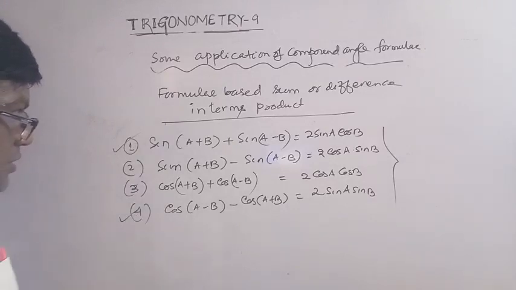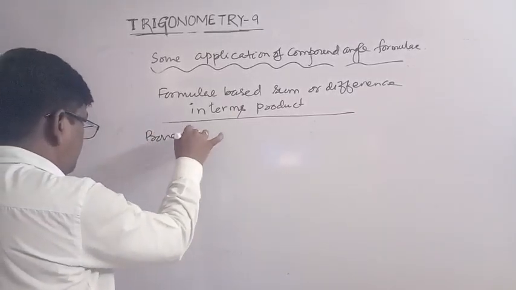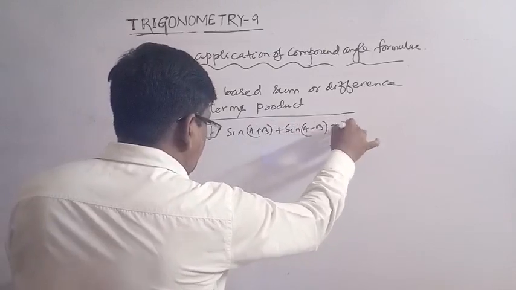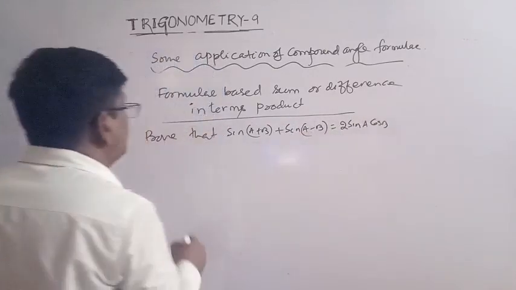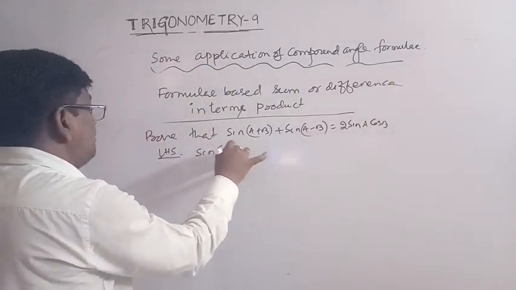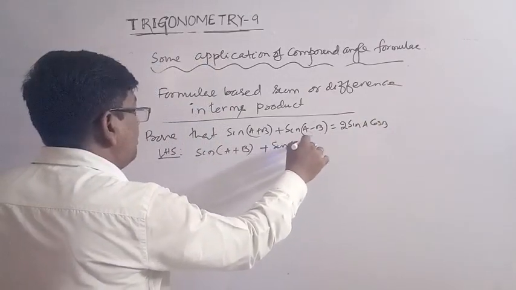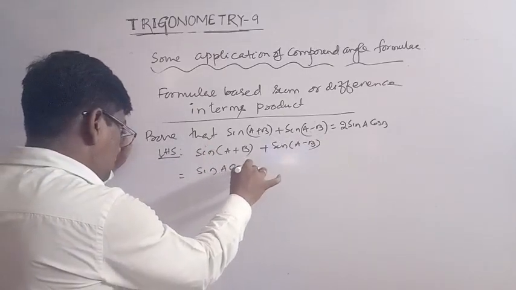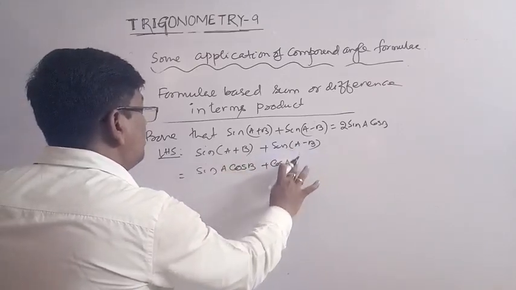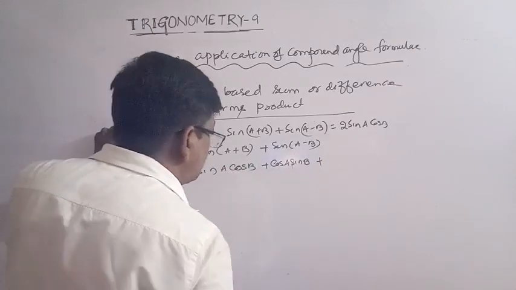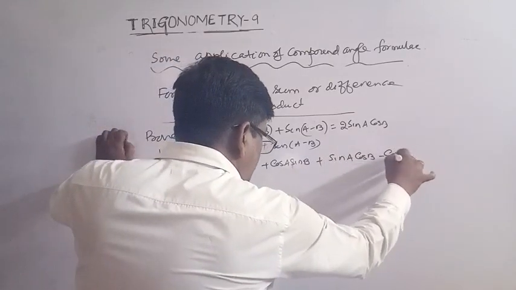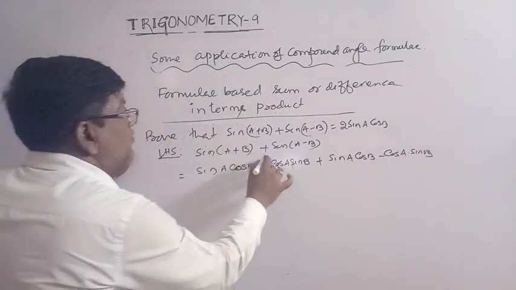Now prove that sin(A+B) + sin(A−B) is equal to 2 sin A cos B. Left hand side, sin(A+B) + sin(A−B). The sin(A+B) formula is sin A cos B + cos A sin B, plus sin(A−B), which is sin A cos B − cos A sin B. So this portion cancels.